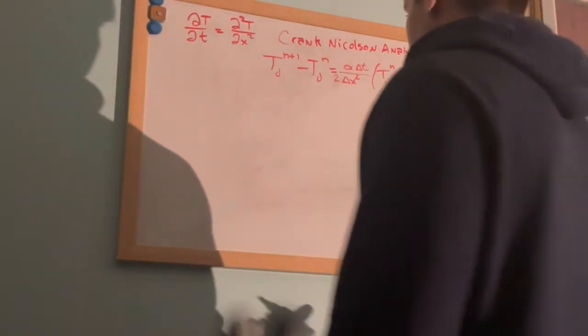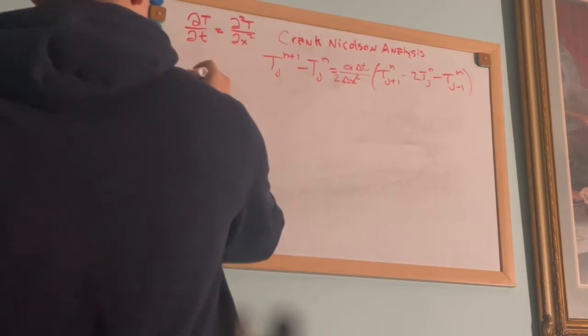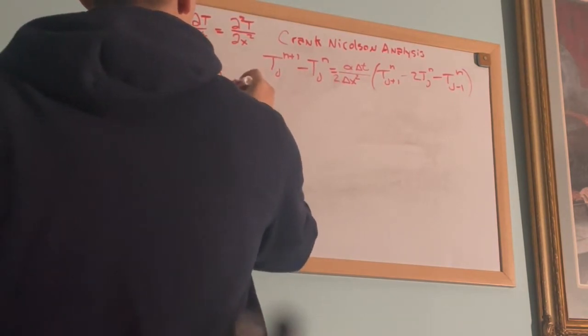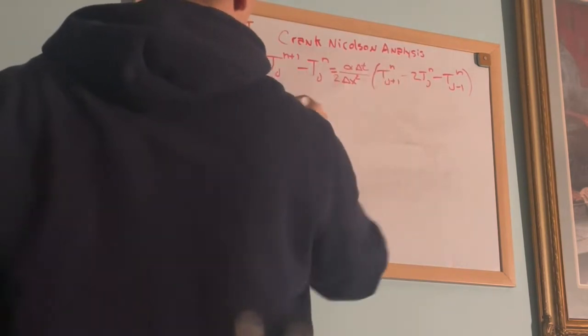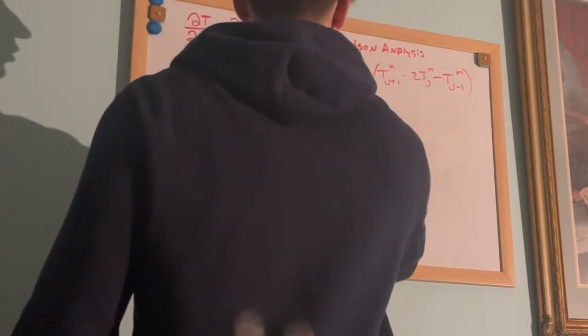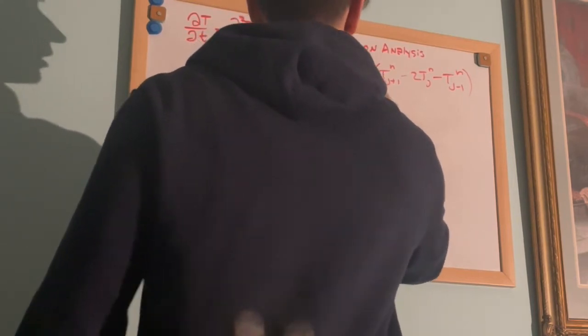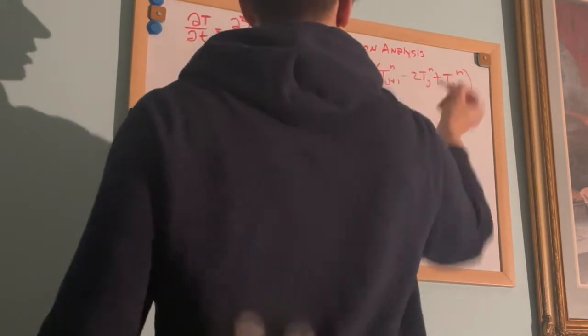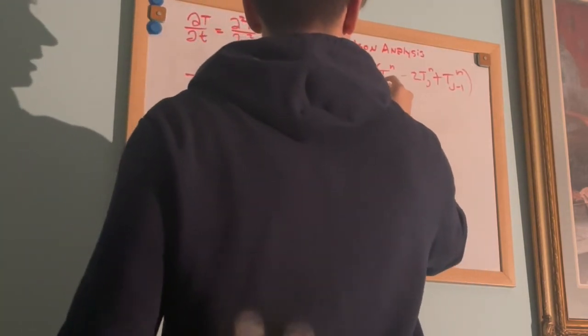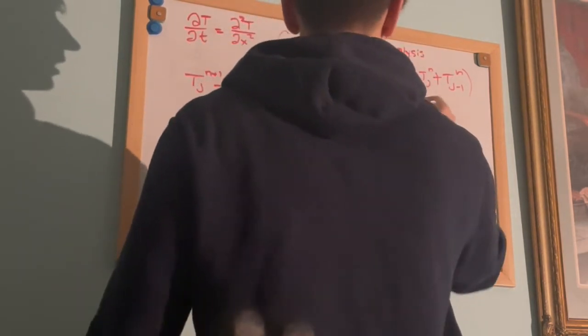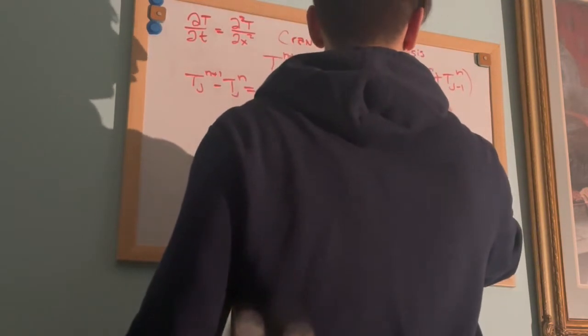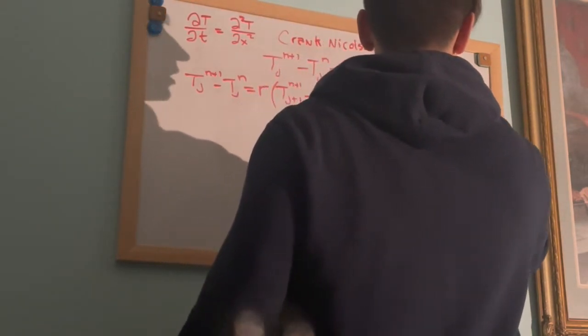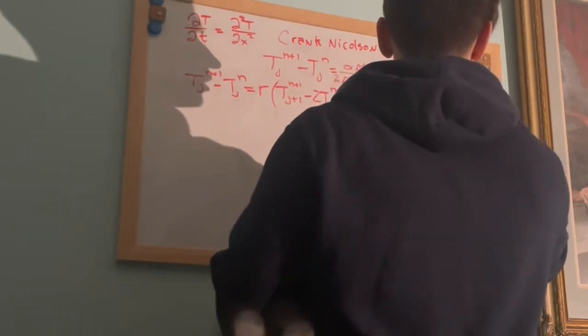If I was to write this out for you guys, now you have your Tj n+1 minus Tj n is equal to this whole thing being r, and now you would have your Tj plus 1 n+1 minus 2Tj n+1 plus, this is a plus by the way, Tj minus 1 n+1, and then it would be summed with basically all this, if you just copied it down, plus 1 n minus 2Tj n plus Tj minus 1 n, and we already incorporated into that r the 2, so it's going to be the average of those two.